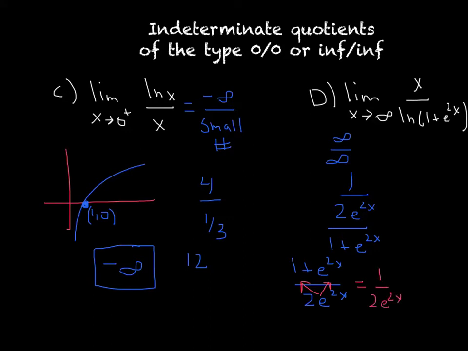And the second fraction, well, the e to the 2x's are going to cancel, and you're just going to be left with 1 over 2. Now, as you let x approach infinity, you're going to have 1 over infinity plus 1/2. Well, 1 over a really big number is going to be close to 0, so the overall limit is going to be 1/2.